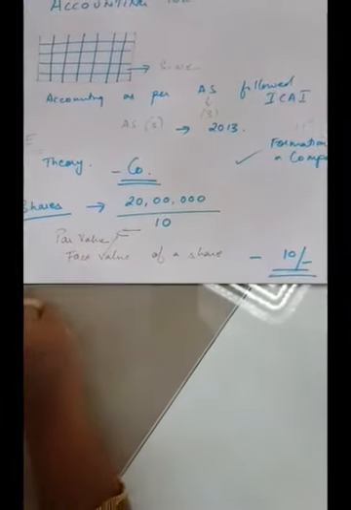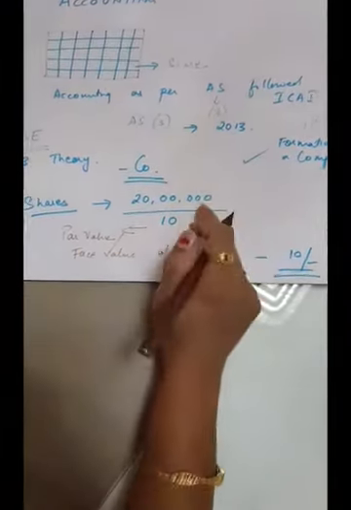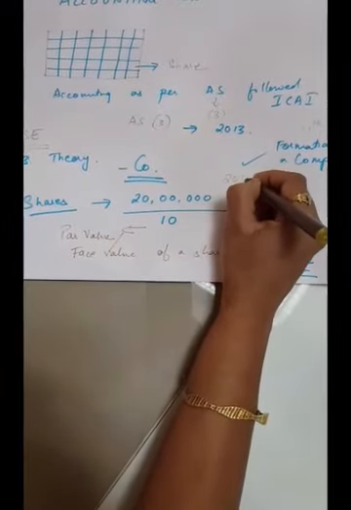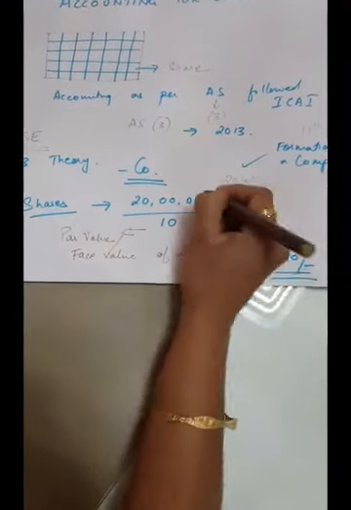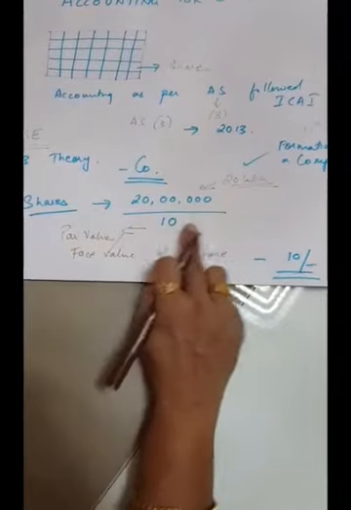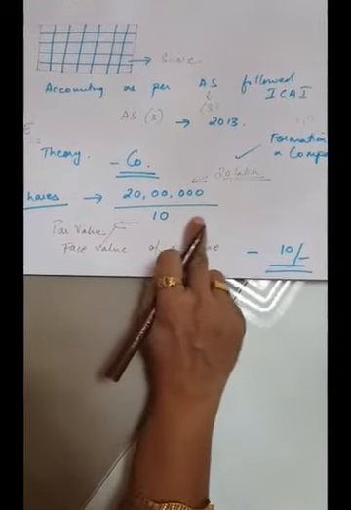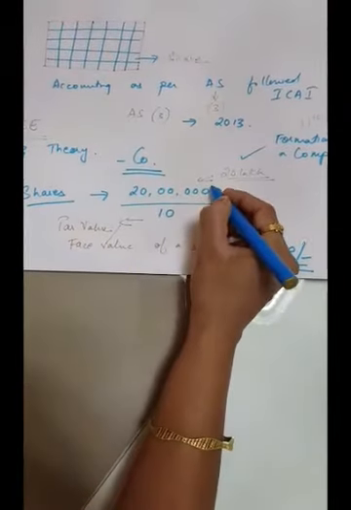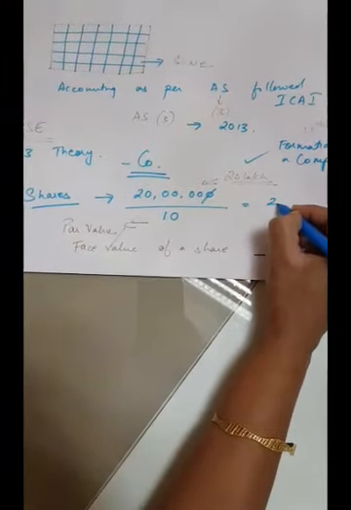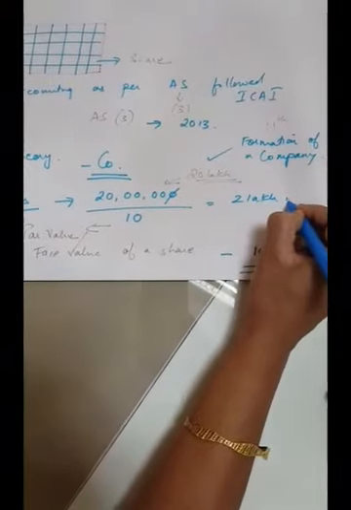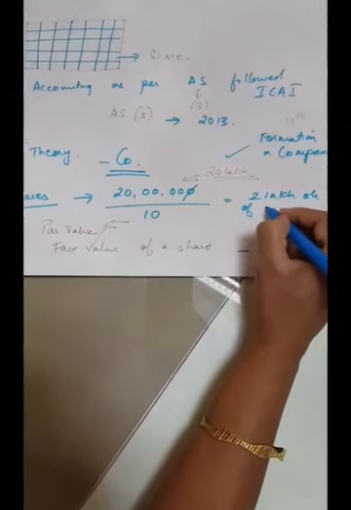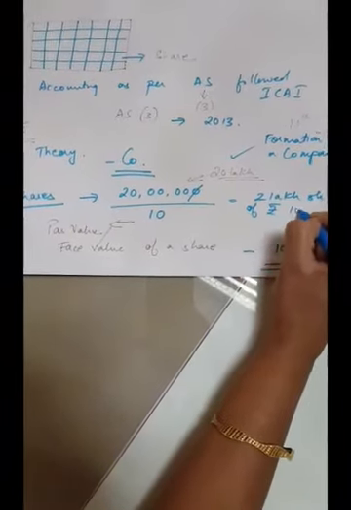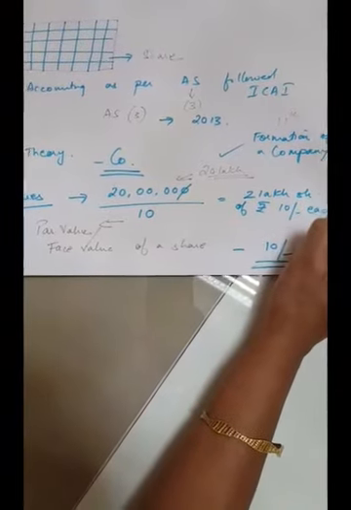So in this company, when the total capital of 20 lakh is divided into shares of rupees 10 each, that means this company will have 2 lakh shares of rupees 10 each.